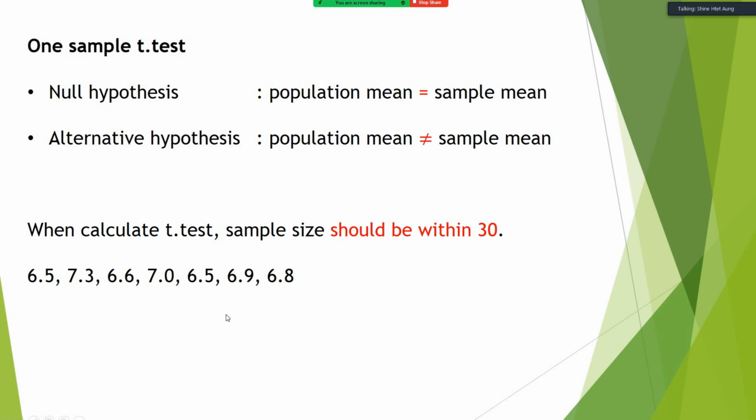When we calculate the one sample t-test, we have to make the hypotheses. The null hypothesis is that the population mean and the sample mean are the same. That means the standard value of the pH of drinking water and the collected data value are the same. The alternative hypothesis is that the population mean and the sample mean are different, not equal.